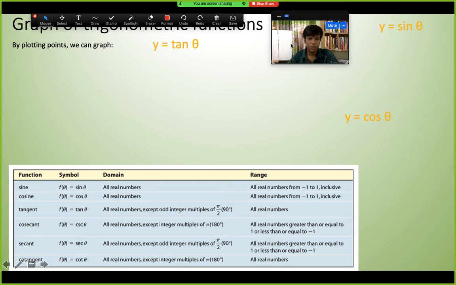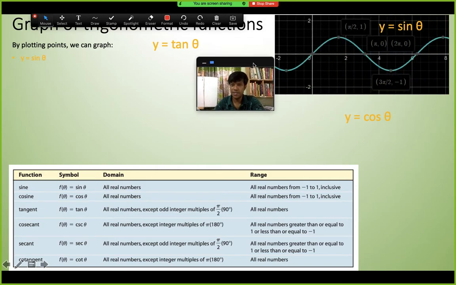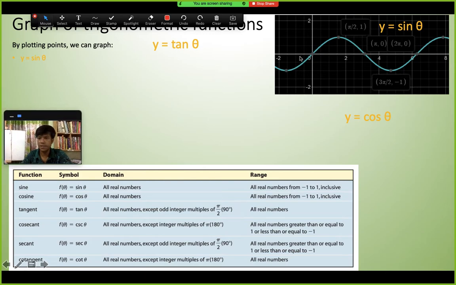Now the domain and range. This is just to build your concept of how to find the domain and range. This is the sine theta graph. If we put in values of theta like 0 degrees, 1, 2, 3, 4, 5, 10, 20, 100, 200, 500 degrees, and keep going, we will get this graph for sine.